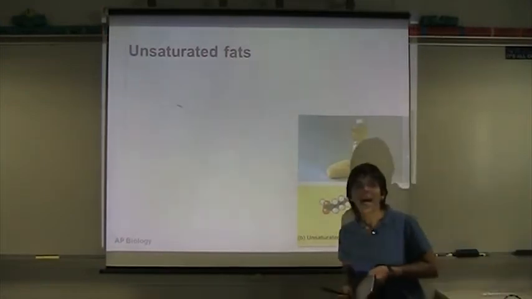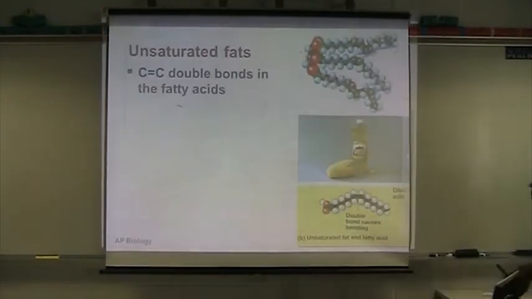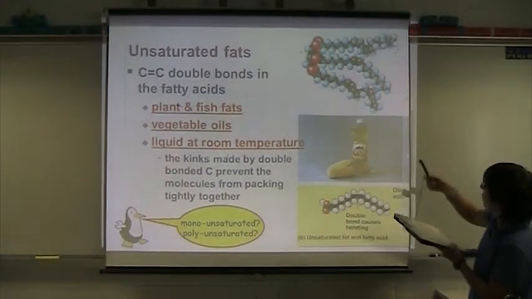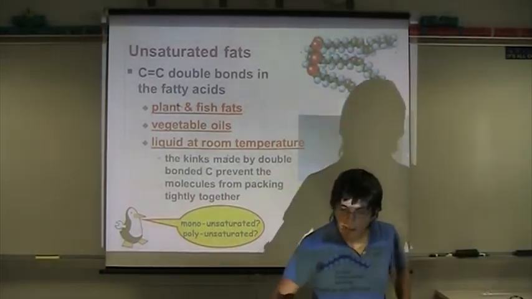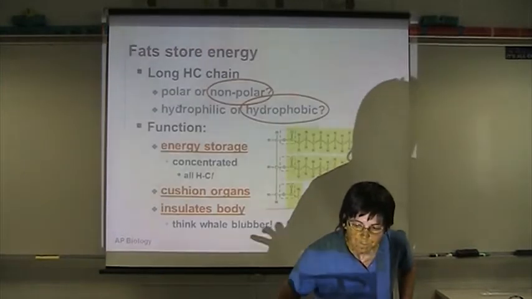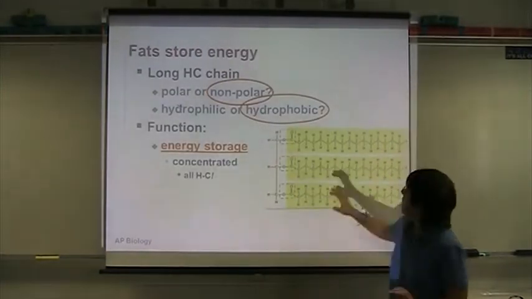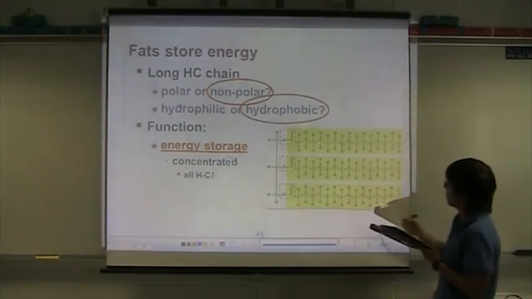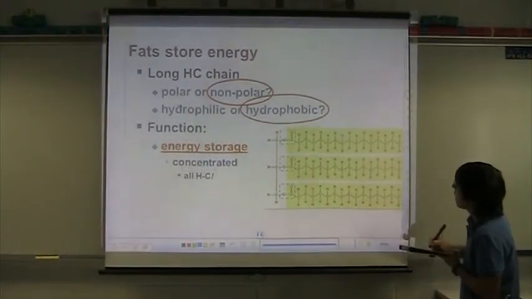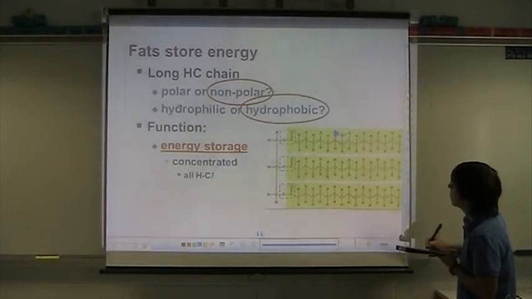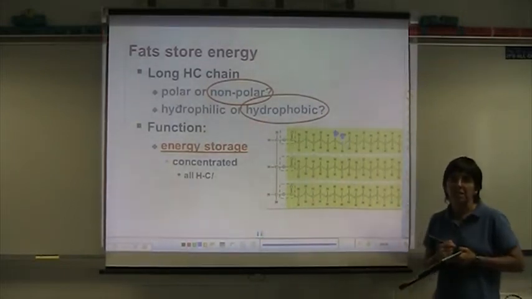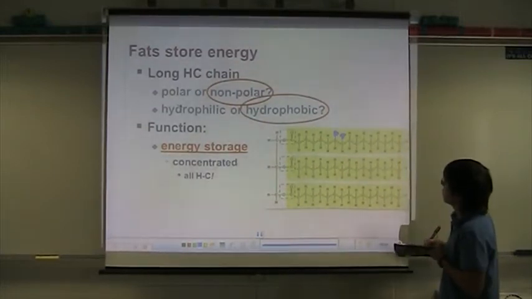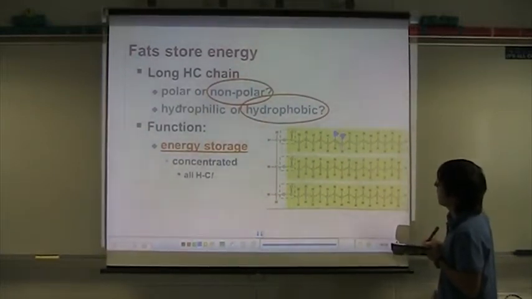Let's look at unsaturated fats. What happens here, and unfortunately I don't have a model without the hydrogens, but in your textbook you have models of this. What happens if I remove this hydrogen and I remove that hydrogen there? Well, then this bond here between the carbons has to be a double bond.